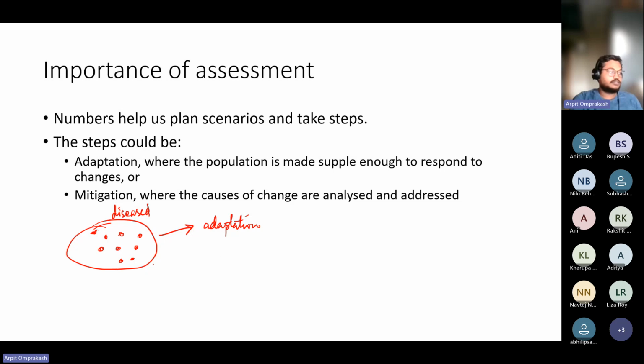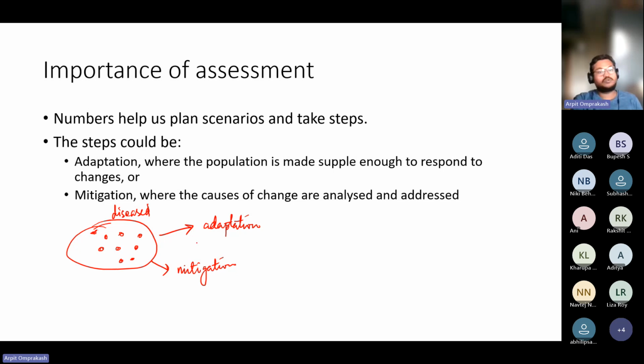The other kind of step that you can take is mitigation. Mitigation is when you are analyzing the causes of why these things are happening, and addressing the cause instead of making changes to the population. So, for example, let's say we realize that this disease is caused by an ectoparasite that is getting attached to the cows.